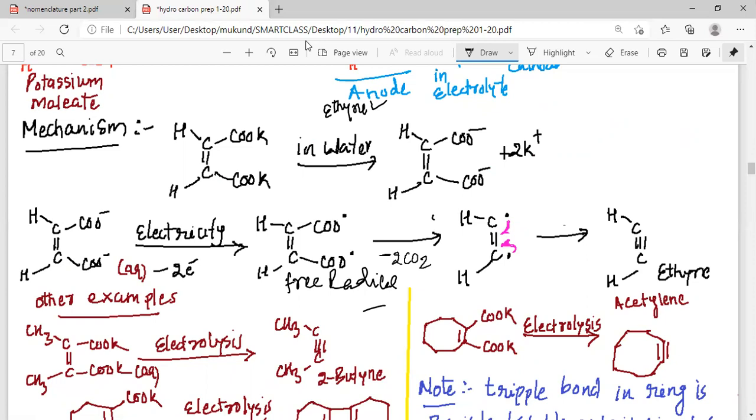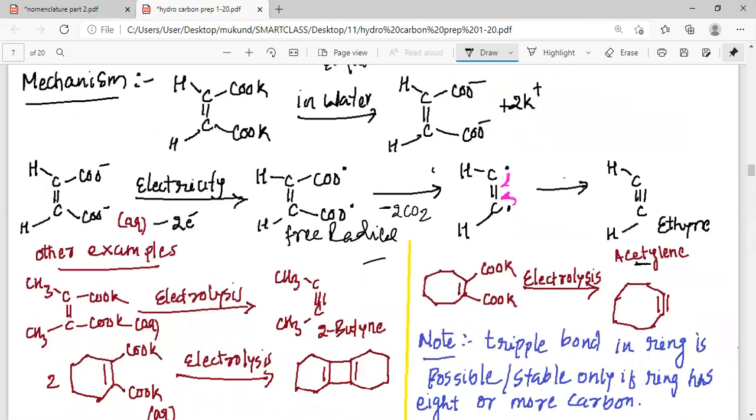The two extra electrons present on the carbons combine with each other and form another bond, and this is how the double bond is converted to a triple bond, and this is how acetylene is formed.